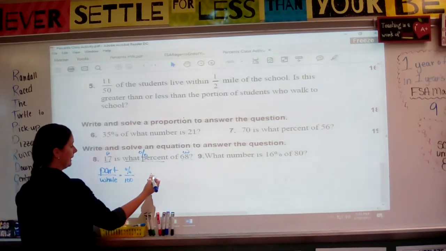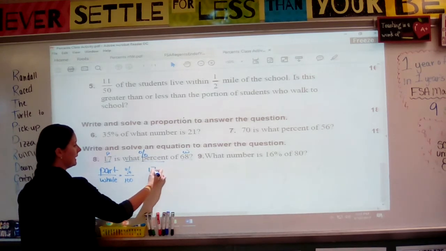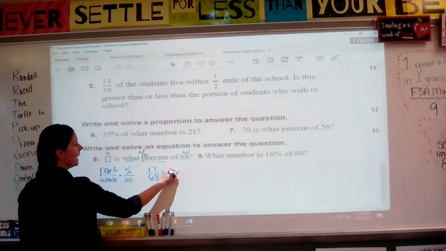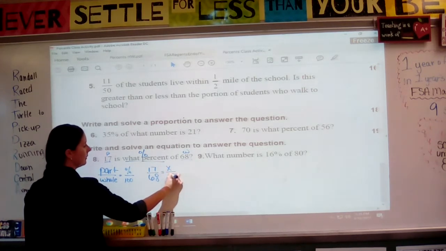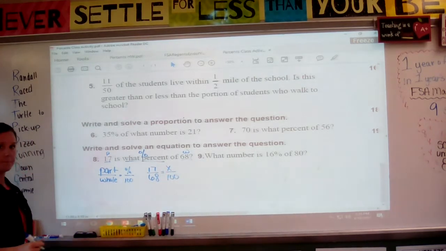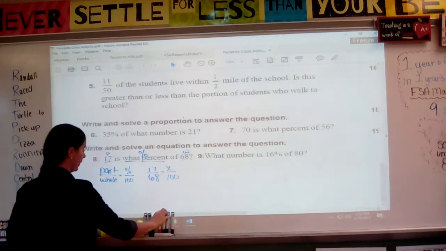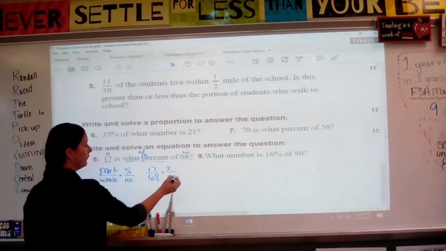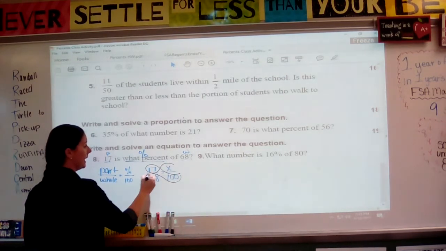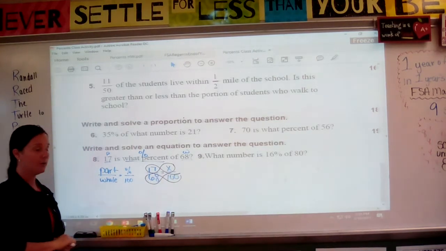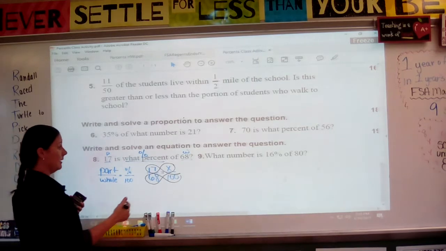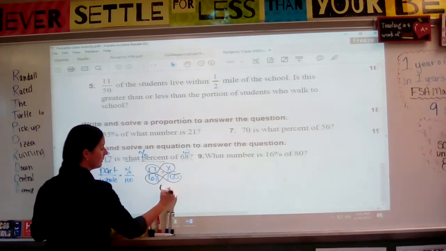So I'm going to start by writing it like this. I have 17 as my part over 68 as my whole, equal to the unknown percent over 100. This is where you would cross multiply and make an equation out of this. Many of you will just cross multiply and divide without having to write an equation.